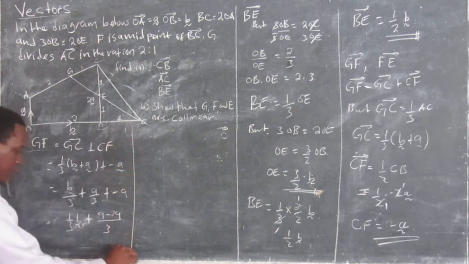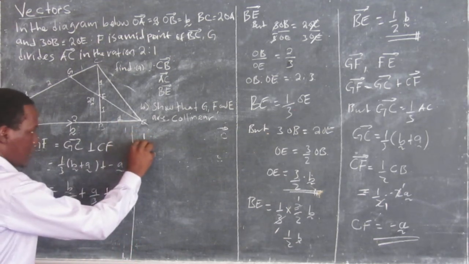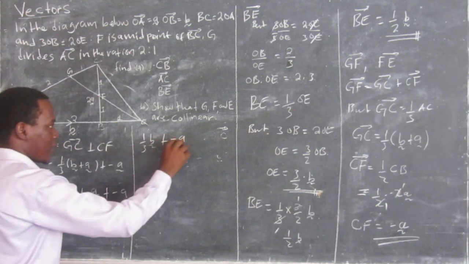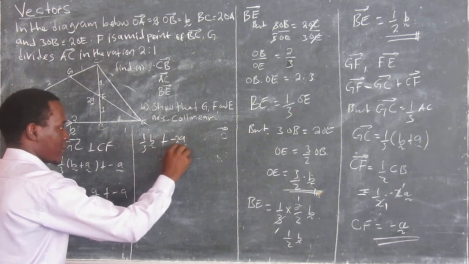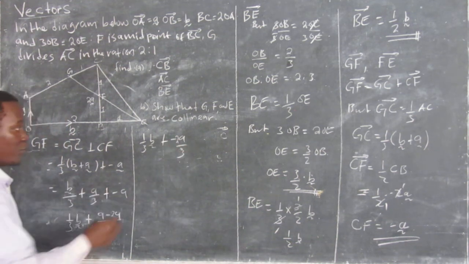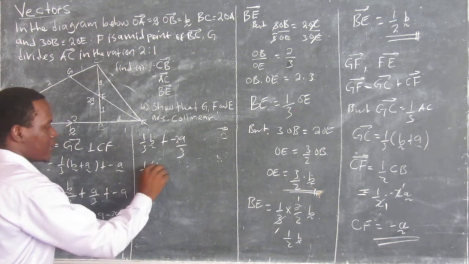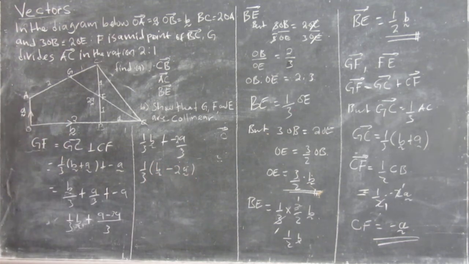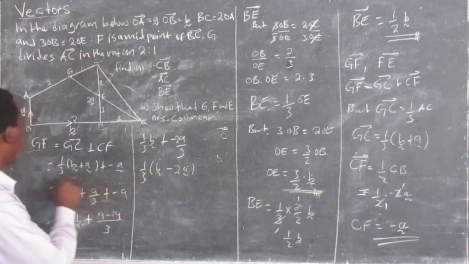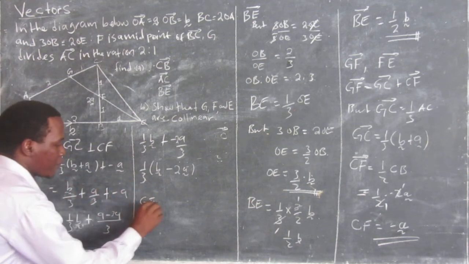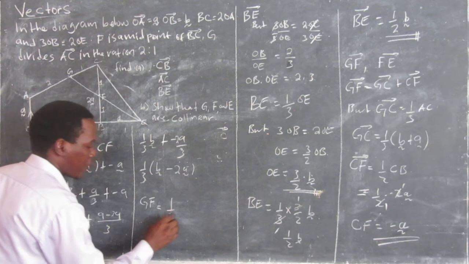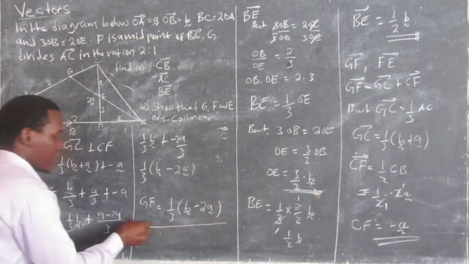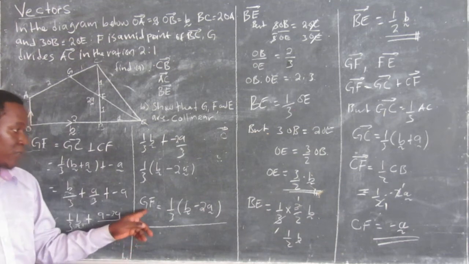If we simplify, it will give us a third B plus negative 2A out of 3. If we factor out, it will be 1 out of 3 into bracket B minus 2A. Therefore, our GF is the same as a third into bracket B minus 2A. This one gives us the vector of DF.